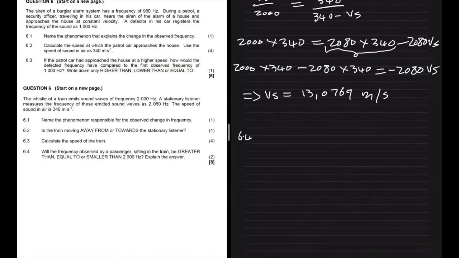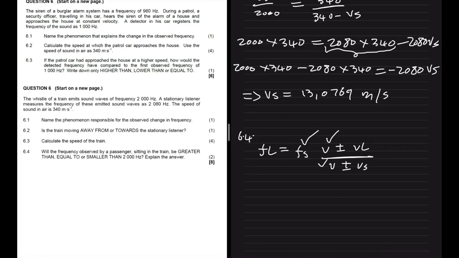Interesting question. 6.4. Let's stick to the formula again, like we always do. FL equals FS times V plus or minus VL, divided by V plus or minus VS. This Fs is remaining the same. V is the same.